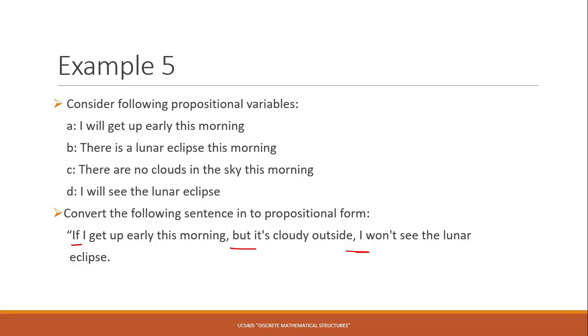So we will write if I get up early this morning, that is A, but it's cloudy outside, negation C, because C is there are no clouds, which implies that I won't see the lunar eclipse, that is negation D, because D is I will see the lunar eclipse. So this is A and negation C implies negation D.